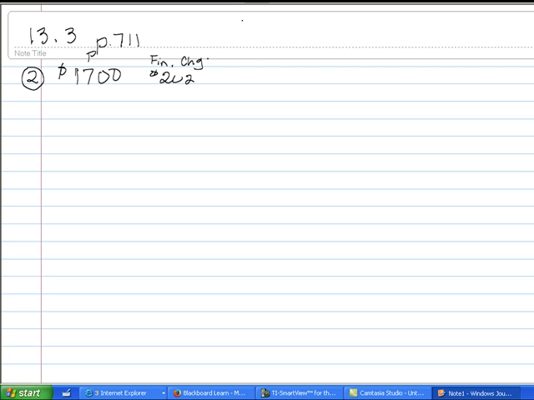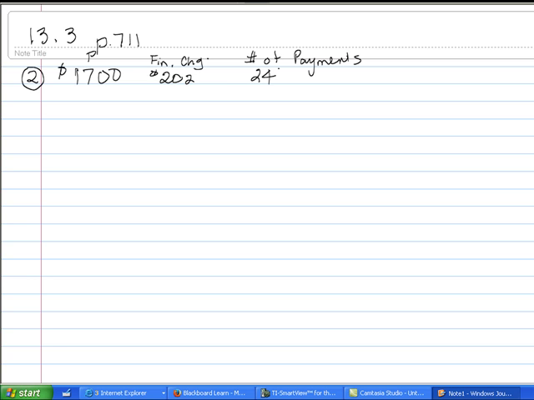Number of payments is 24. So it's financed over 2 years. Okay, so what we want to do is find the APR, true annual interest rate.